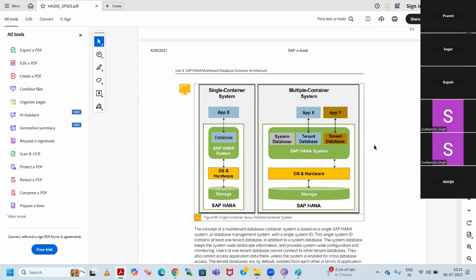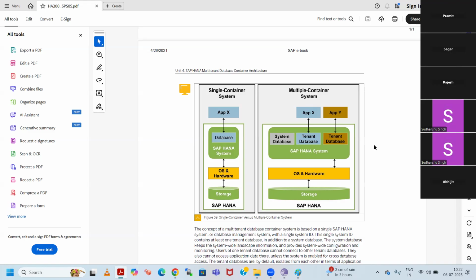In multi-container, there's a system database which is further divided into two databases, and there's an application X working on one tenant database and application Y working on another tenant database, which was not possible in single container. The operating system, hardware and storage remain the same.